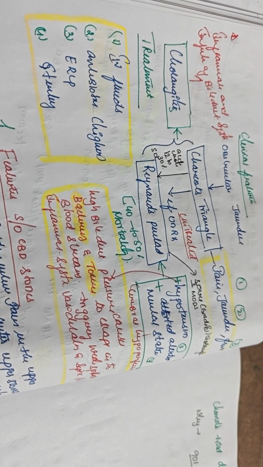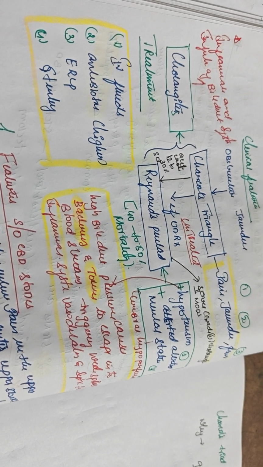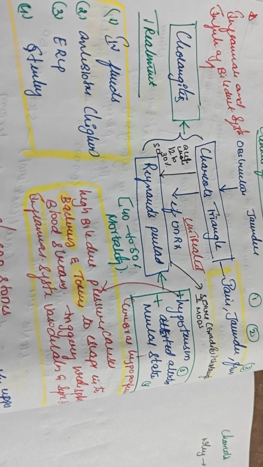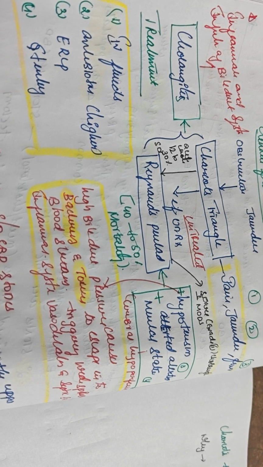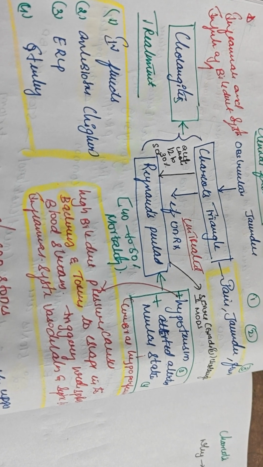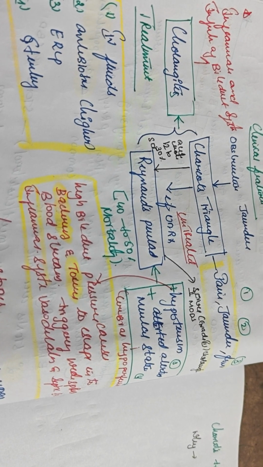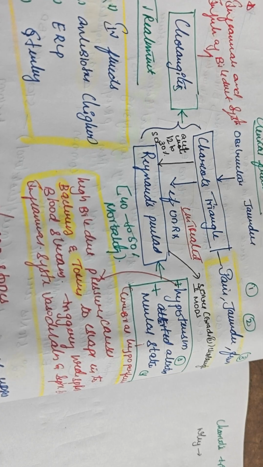So what happens? There is increased conjugated bilirubin, right? So remember that once there is an obstruction to the common bile duct, the person has a pain because there is an obstruction. It stimulates the pain pathway. Because of the obstruction, there is increased conjugated bilirubin, so there is a jaundice.